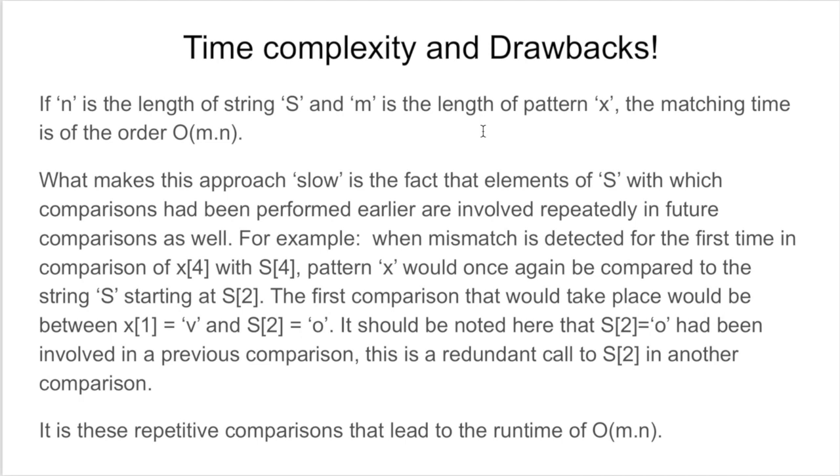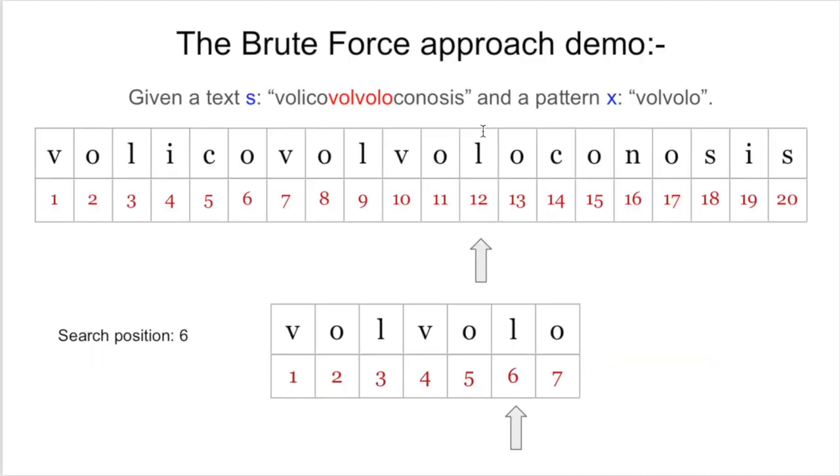Now there is another catch here. If we go back to our first mismatch, here I was not equal to the V. After this, what we do is reset the pattern to the beginning of the pattern, and also reset the string to the second element of the string.